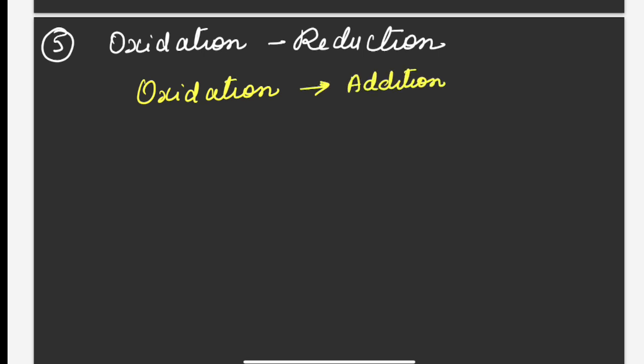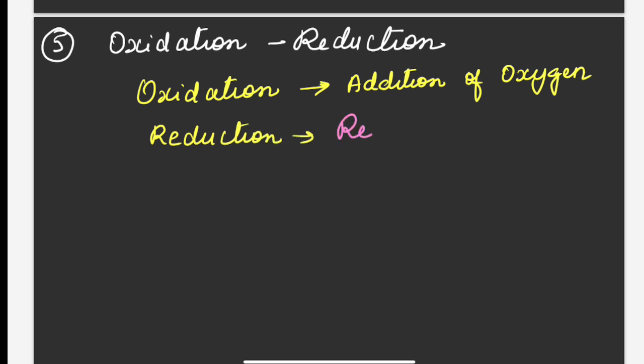For oxidation and reduction, usually we have 3 to 4 definitions. Here we are going to learn only one definition. That is, oxidation means addition of oxygen, whereas reduction means removal of oxygen.